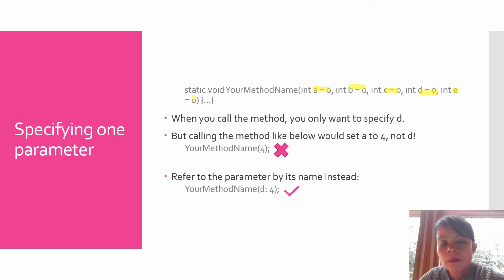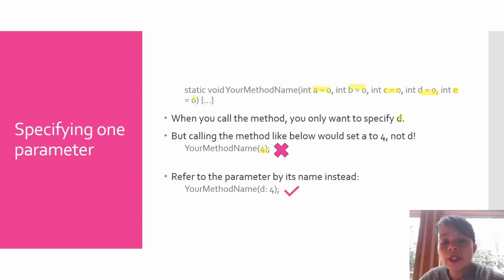Okay. But when you call the method, you only want to specify D. Okay. But calling the method like below here, for 4, would set A to 4, not D, right?